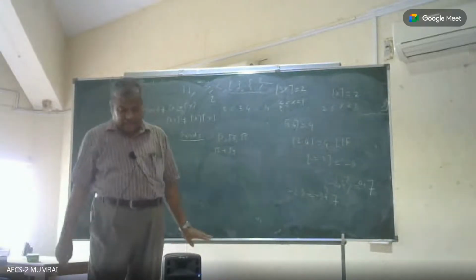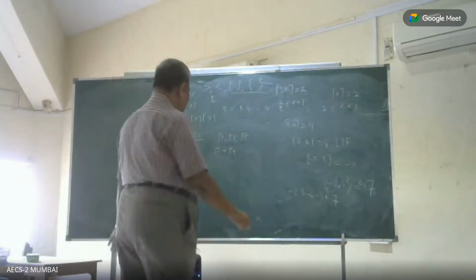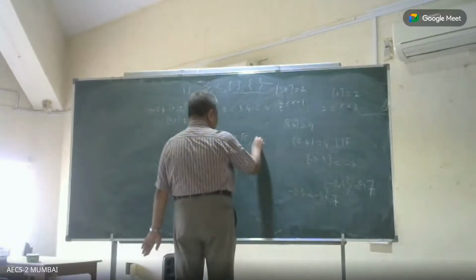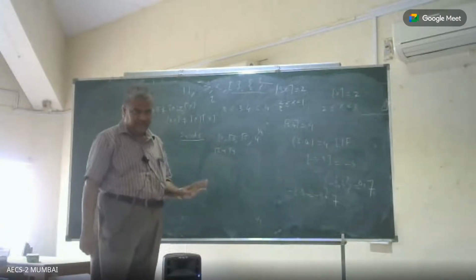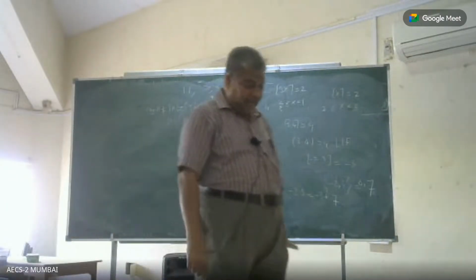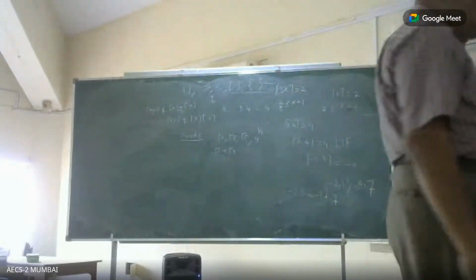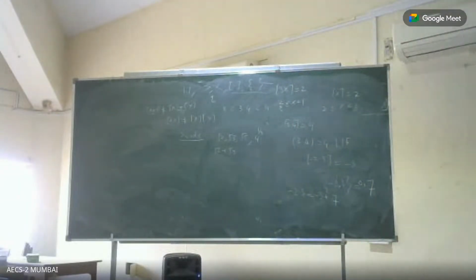And this is also, they are also surds, this 4 to the power 1 by 3. They are irrational numbers. Now what? Quadratic surd has got a definition.